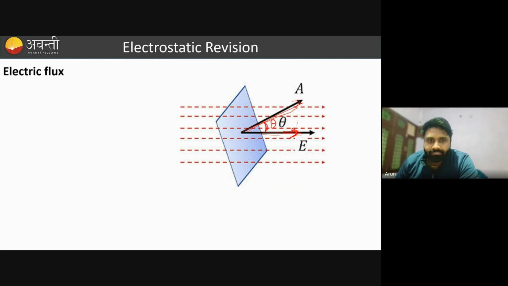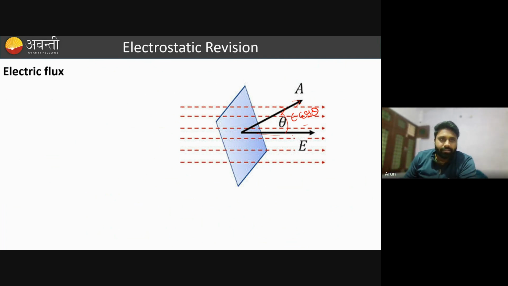Got it? So here, if you resolve this area, you will have A cos theta, or A sin theta. But you can also resolve, which one is easier for you? You can also resolve this E alongside with this E cos theta. You will take that component of electric field which is parallel to the area vector of that particular plane.